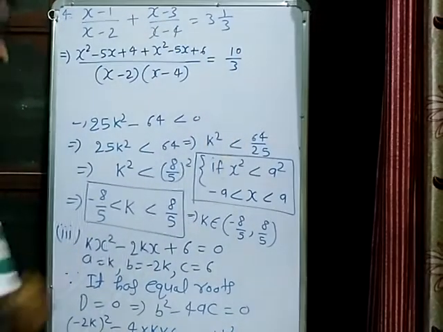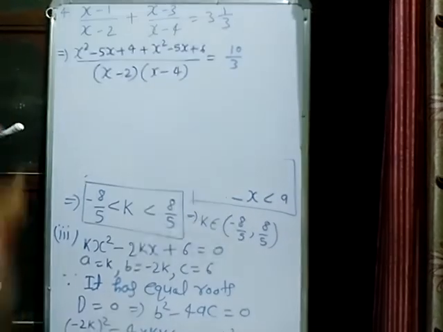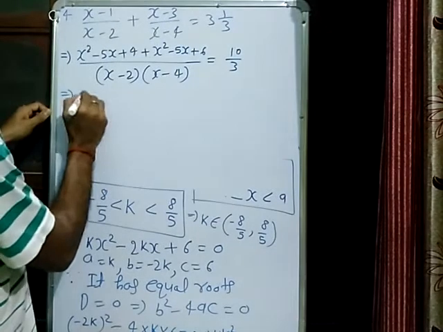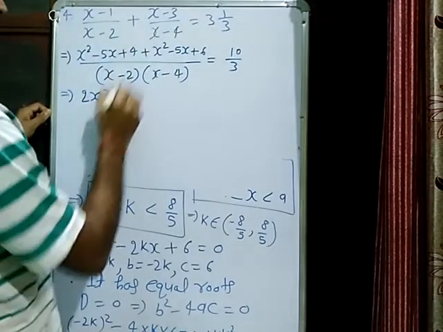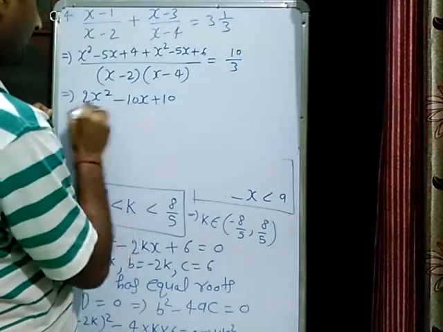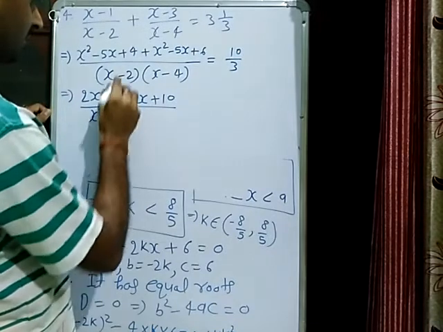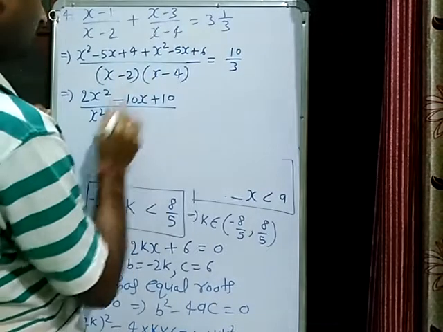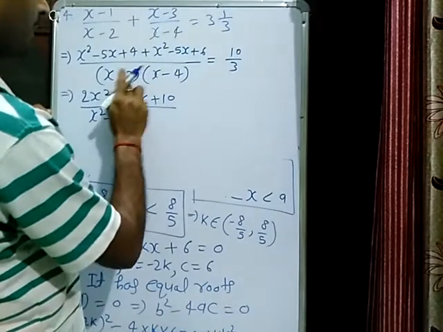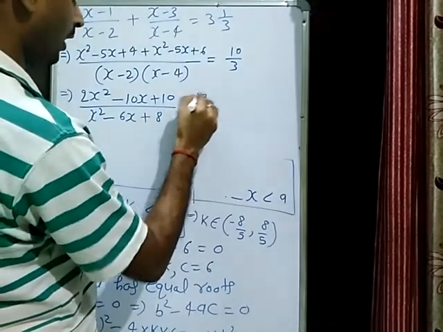In the next step, x square plus x square becomes 2x square, minus 5x minus 5x is minus 10x, 4 plus 6 is 10, upon x square minus 6x plus 8, is equal to 10 upon 3.